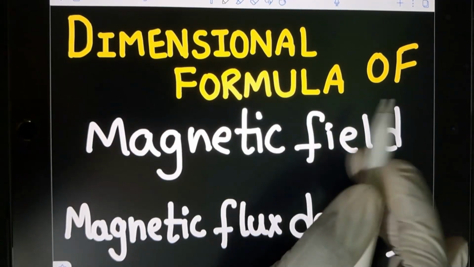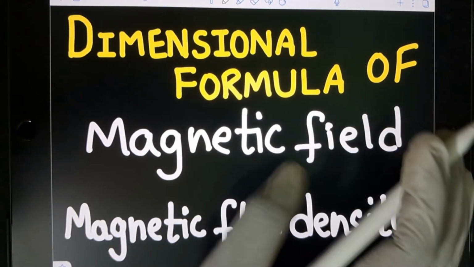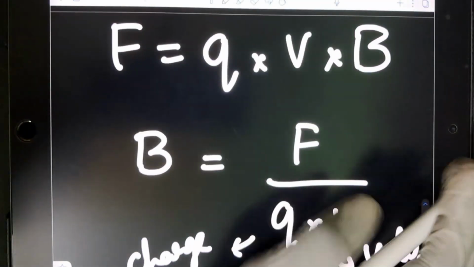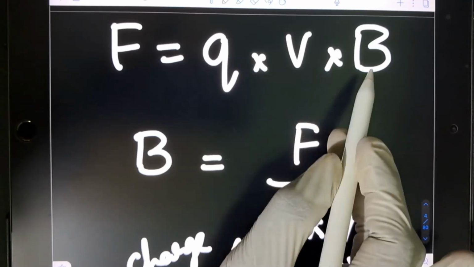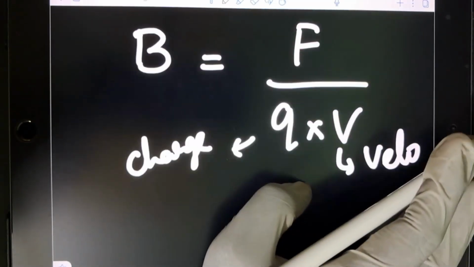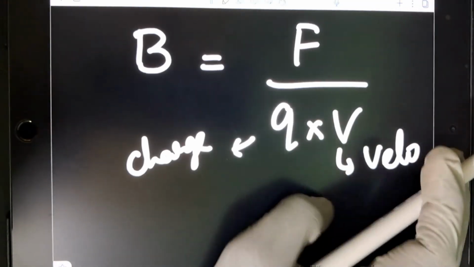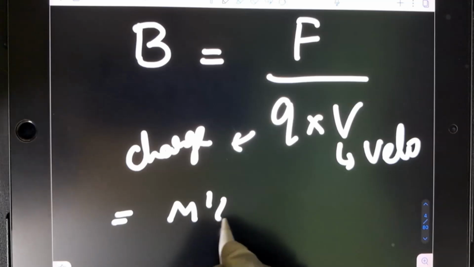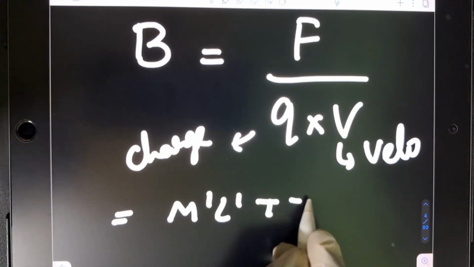To find the dimensional formula of magnetic field B, magnetic flux density and magnetic induction also have the same dimensional formula. Here F is equal to QVB, where B, the magnetic field, is equal to force by Q into V, charge into velocity. Here we must know the force dimensional formula first, M^1 L^1 T^-2.